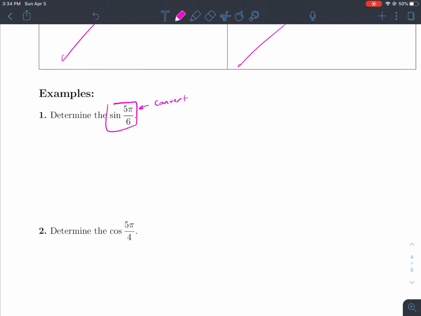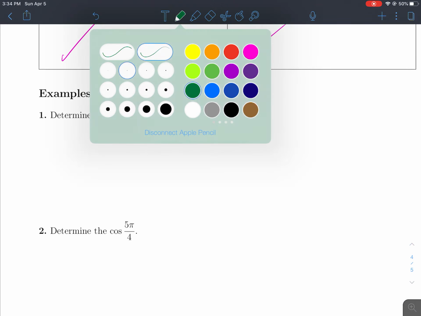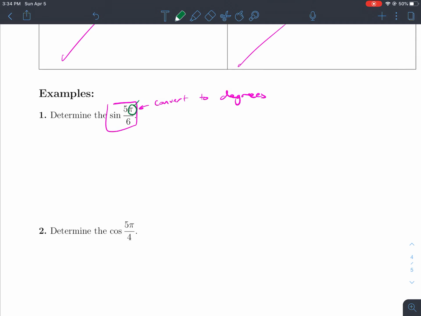So after that initial moment of hesitation, when we realize that we can substitute 180 degrees for pi radians because these are equivalent, we get the sine of 5 times 180 divided by 6.